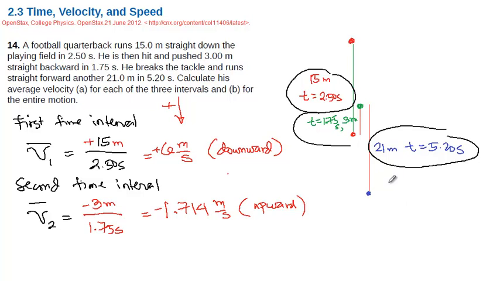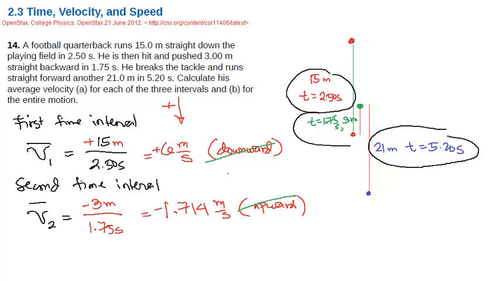By the way, the negative simply means it's upward, opposite to our assumed positive. You don't really need to write this out. A positive 6 means it's downward, and a negative means it's moving upward.